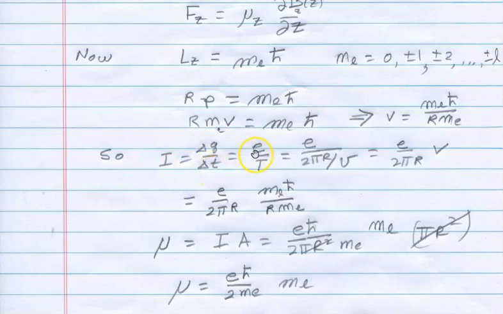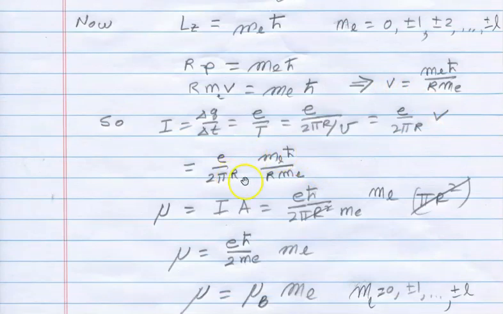If we count the charge, one electron of charge passes in one orbital period. An orbital period is just 2 pi times the radius divided by the velocity. The distance traveled divided by the speed will give us the time of the orbit. And we got exactly the same equation as before. And now we plug this in for v and simplify, getting this.